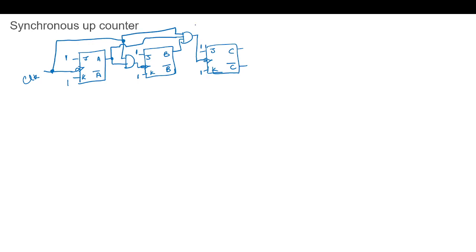So you can see here also one input is clock. So when clock is high, it is like allowing the edge. So with the edge of the global clock, this flip-flop will be working. So here there will be no glitches.